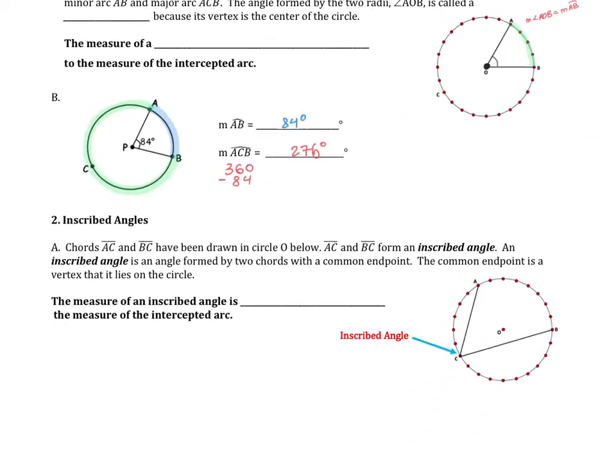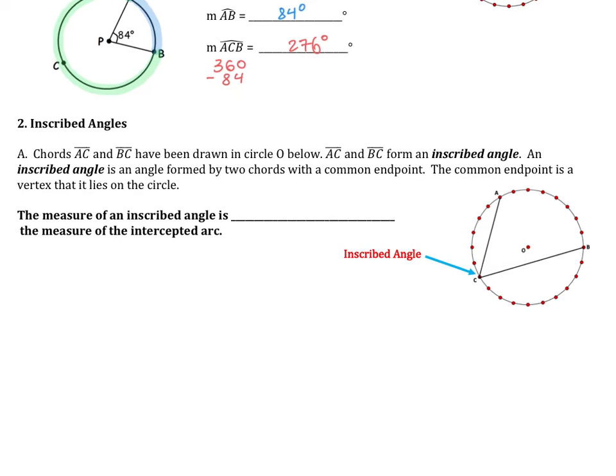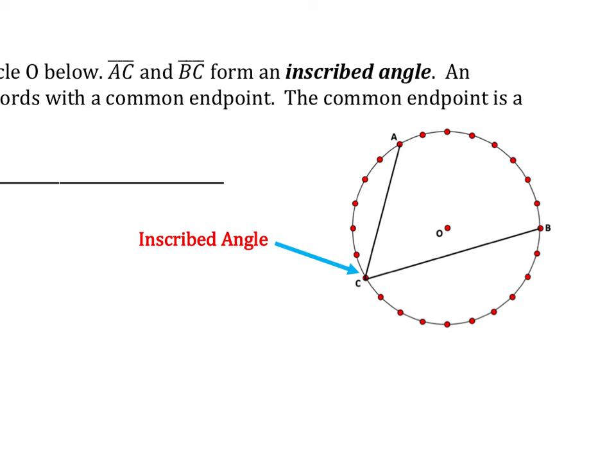Now the second rule is all about the inscribed angle. The inscribed angle is an angle where the vertex of the angle is on the circumference of the circle. So in this case, ACB is an inscribed angle because the vertex C is on the circle. In this case, the inscribed angle is equal to half of the intercepted arc.